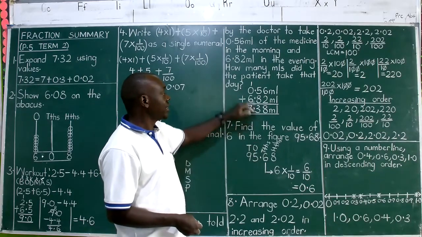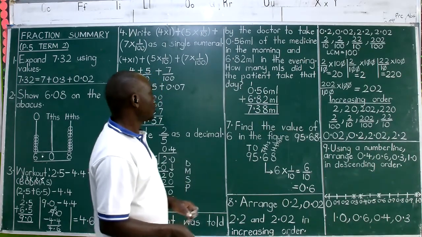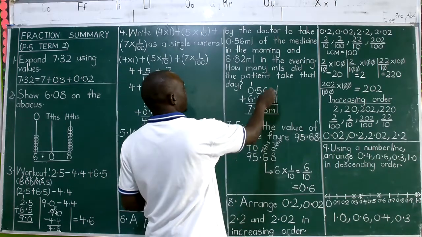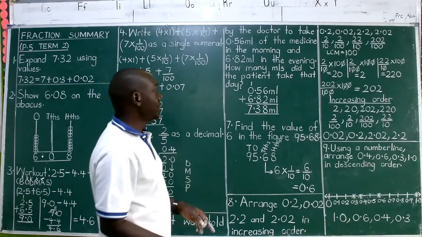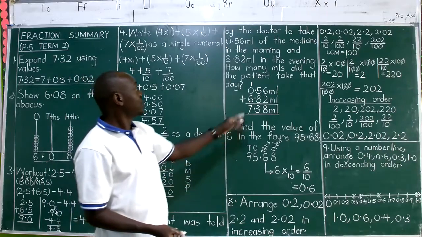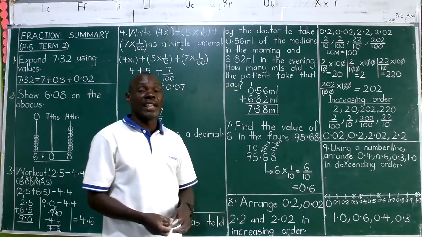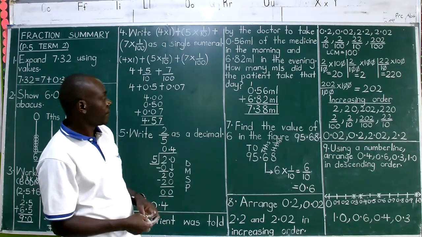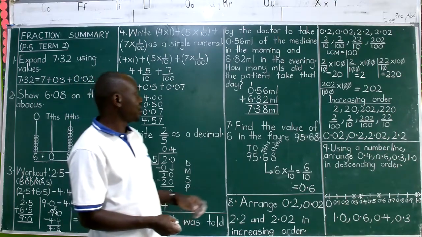You are going to add 0.56 milliliters plus 6.82 milliliters. So you add 6 plus 2, you get 8. 5 plus 8, you get 13, write 3, group 1. 1 plus 0 plus 6, you get 7. So that patient took 7.38 milliliters that day.